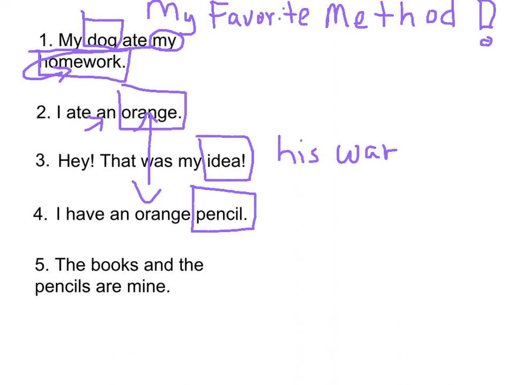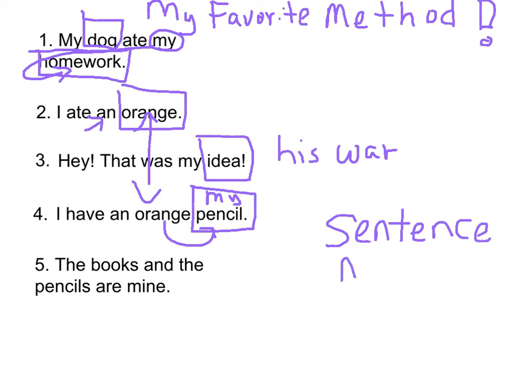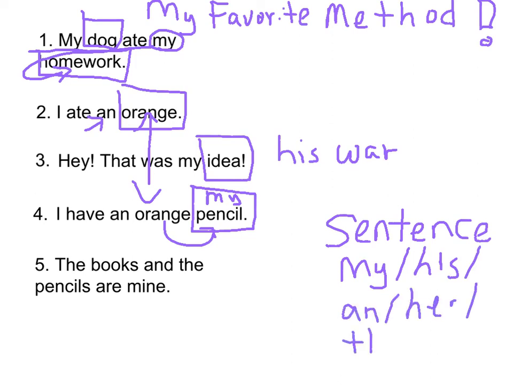But here it is my pencil, and it happens to be an orange pencil, but the noun is pencil here in this sentence. So you always have to look at the word in a sentence to see what its job is in the sentence, and then try to put my in front of it, or his, or an, or her, or the, directly in front of it. And that's the test that has helped me the most in recognizing a noun.